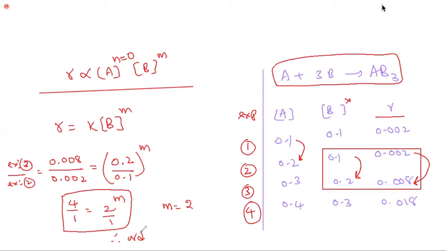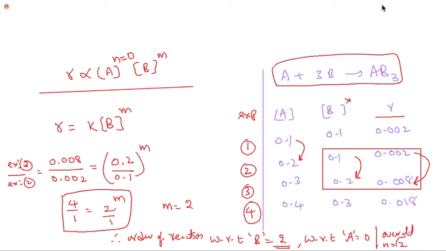Therefore, order of reaction with respect to B is second order, with respect to A is 0 order, and overall order is 2. Like this you have to solve the problem.